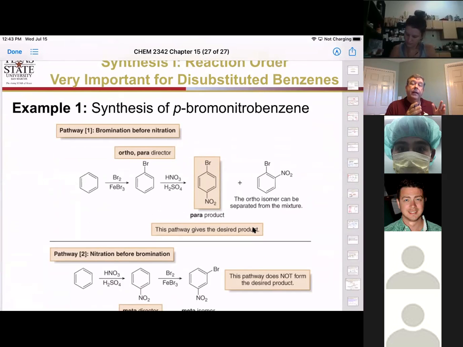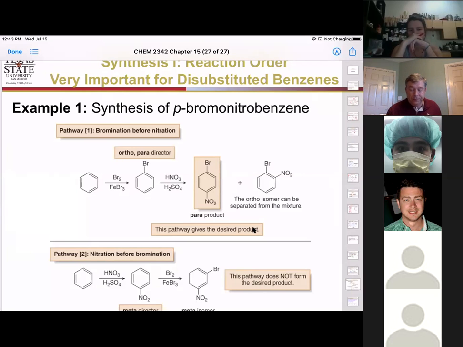And so by looking at activation and direction, we can get different isomers just by switching the reagents in their order, okay? So this is going to become very important for getting the exact product you want, okay?